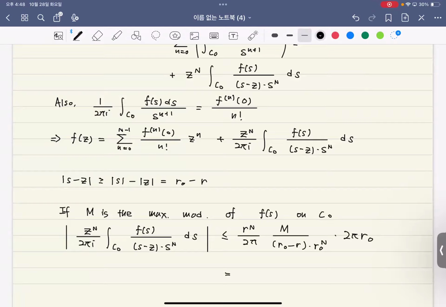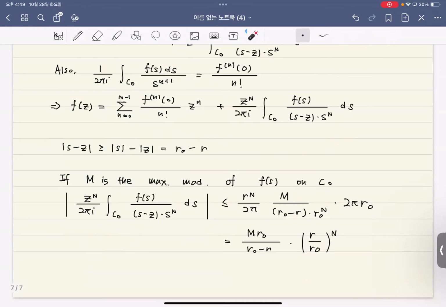And this is M R0 over (R0 minus R) times (R over R0) to the n. Since R over R0 is less than 1, this tends to 0 as n goes to infinity.